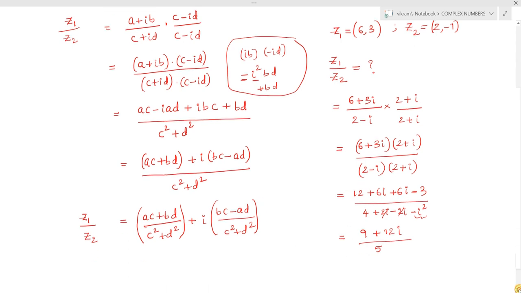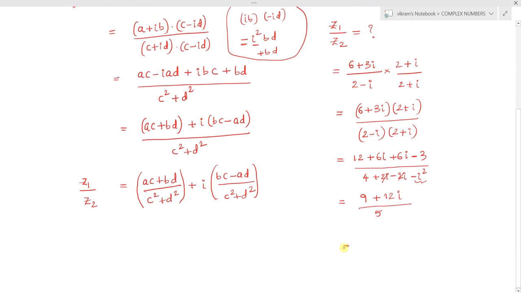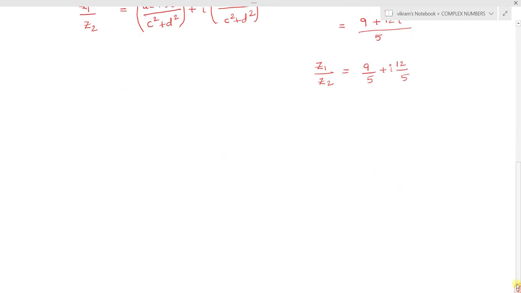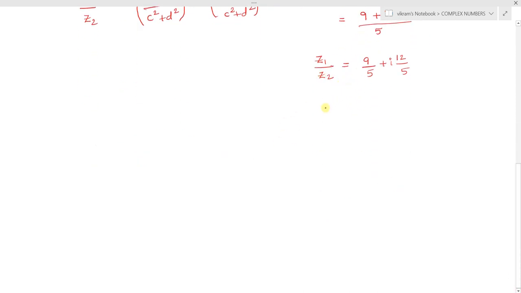So the denominator is simply 5, and we can write this as 9 by 5 plus i times 12 by 5, which equals z1 by z2. In ordered pair or point form, since the question is given in point form, z1 by z2 equals 9 by 5 as the real part and 12 by 5 as the imaginary part.